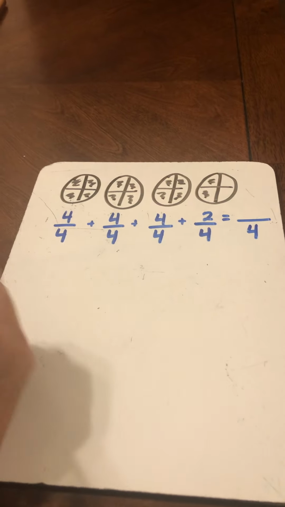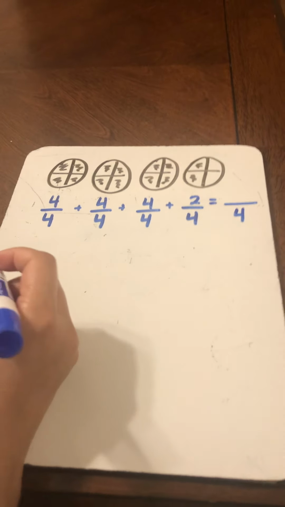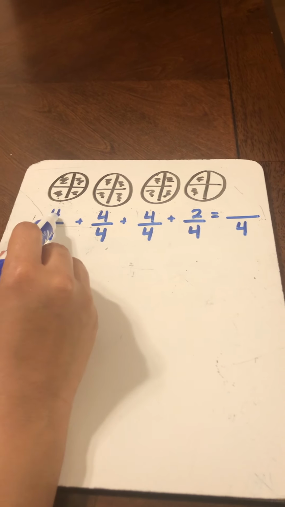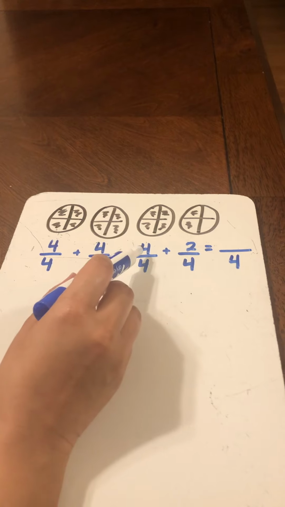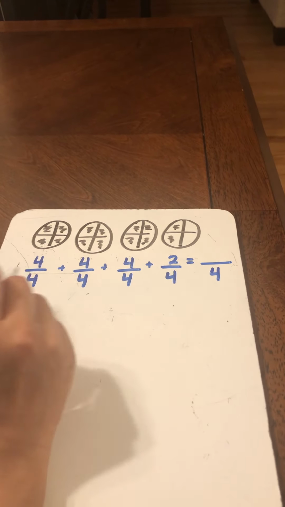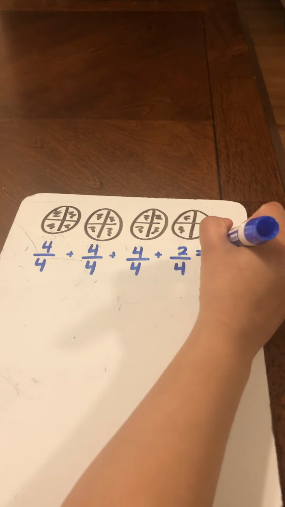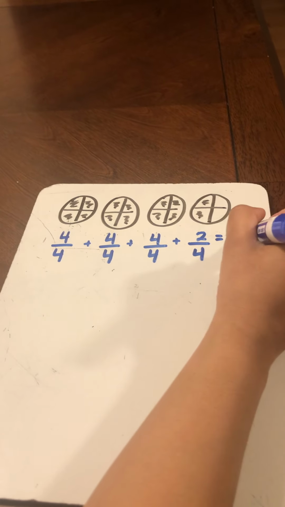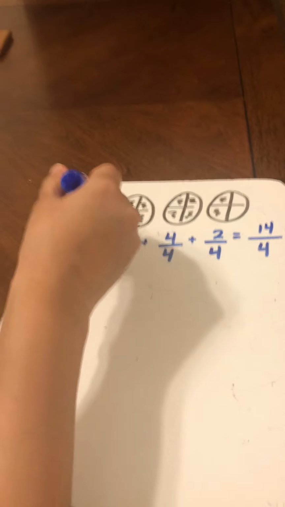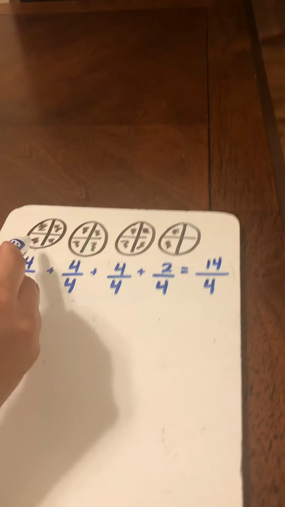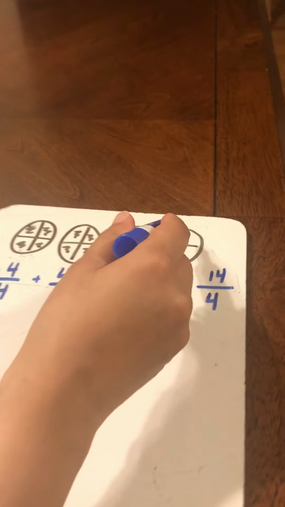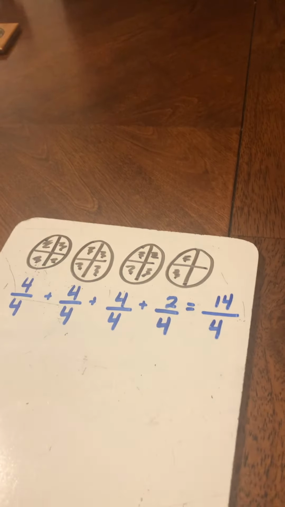The denominator stays the same, and we only add the numerators. So we have 4 plus 4 is 8, plus 4 is 12, and plus 2 is 14. So we have 14 fourths shaded in. And if you count all the fourths, we have 4, 8, 12, 13, 14 fourths.